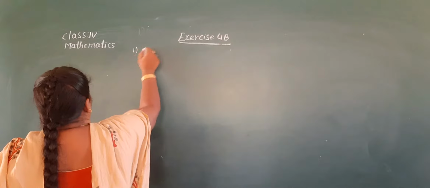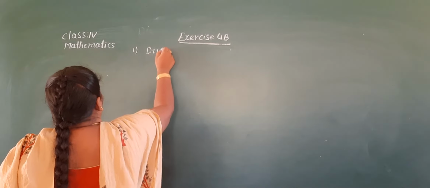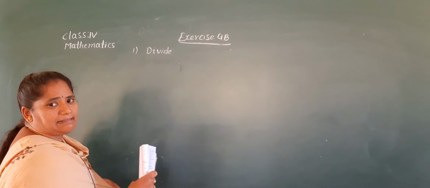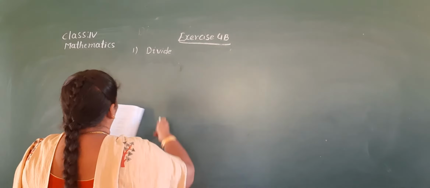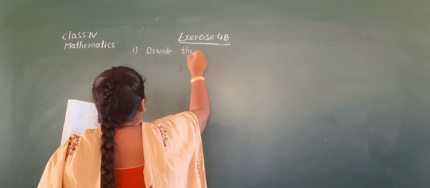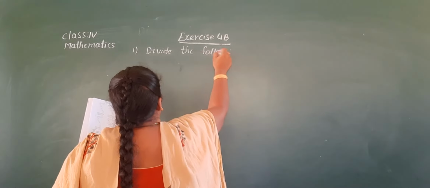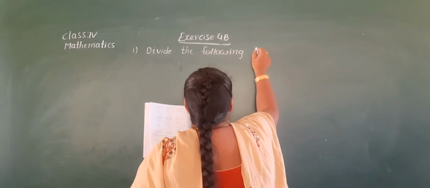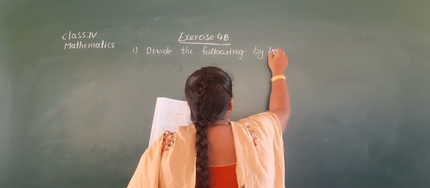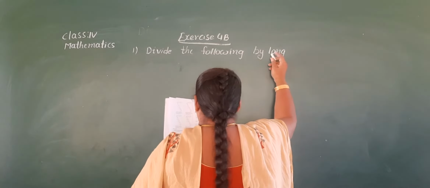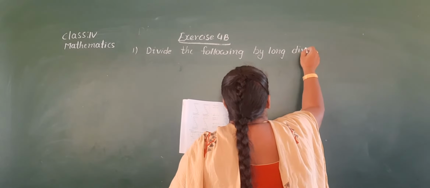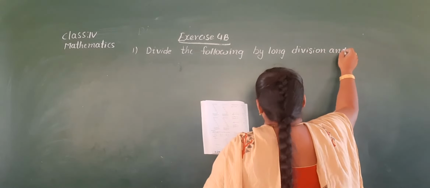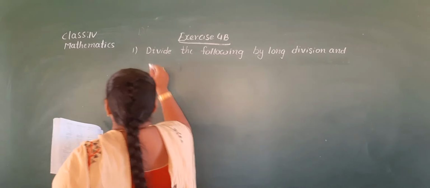First you write this one: divide the following by long division and short division methods. Write down, children, write down in your classwork neatly.